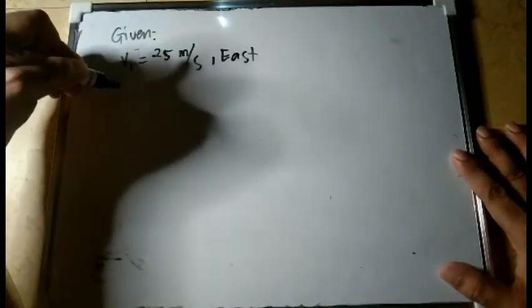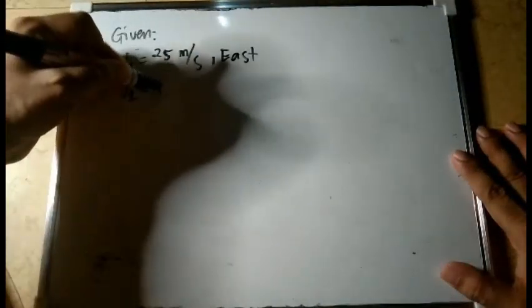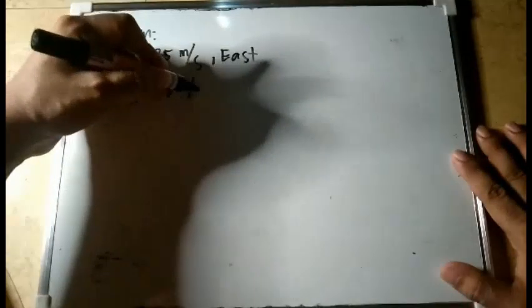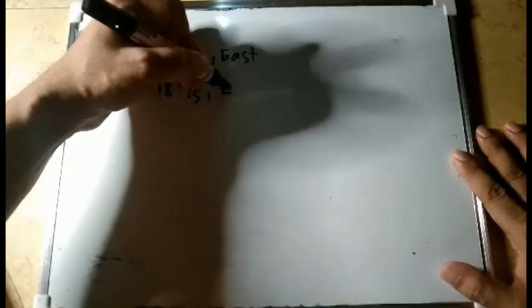Okay, so given natin sa number 1, we have V sub 1 is equal to 25 meters per second east. Then sa V sub 2 natin, we have 18 meters per second, same direction, east.